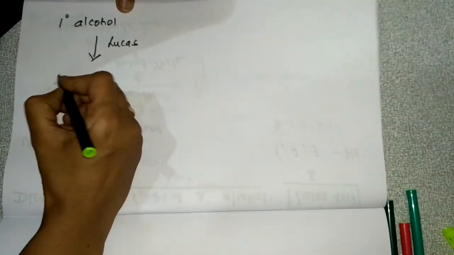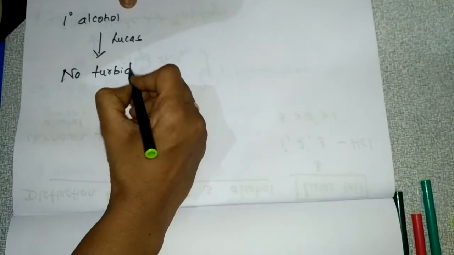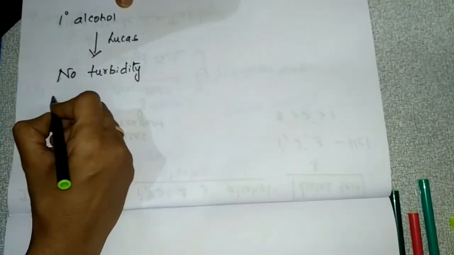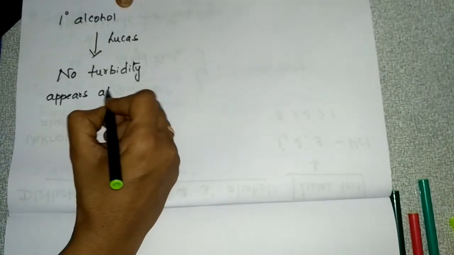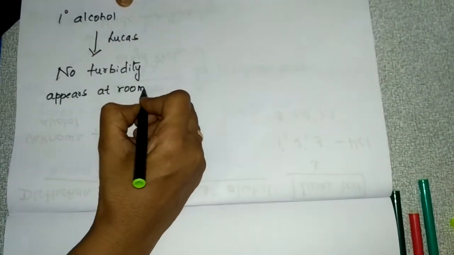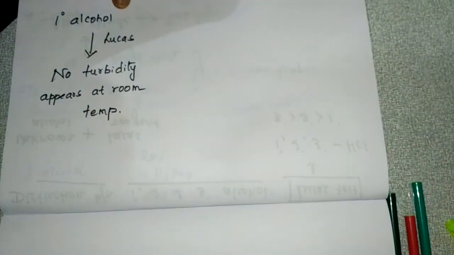If that unknown alcohol is a primary alcohol, there won't be any turbidity at room temperature.